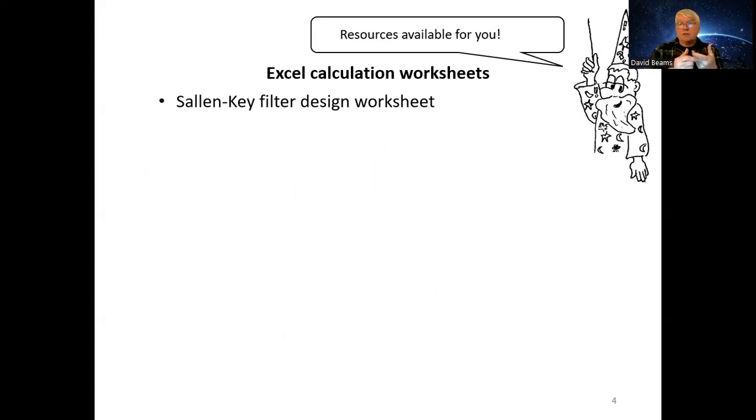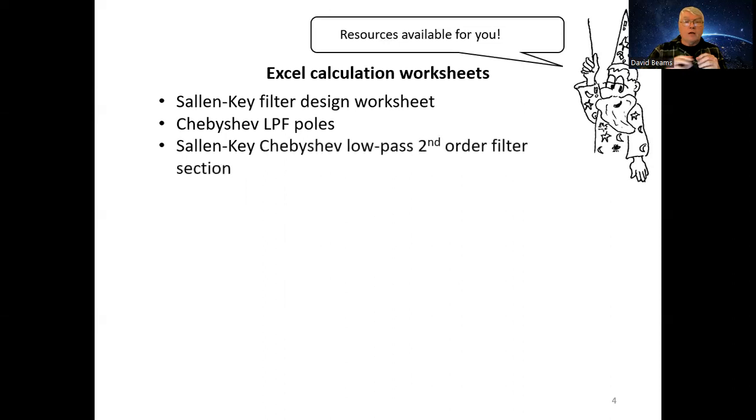The resources that are available to you: you have an Excel Sallen-Key filter design worksheet that has tabs for low pass design, high pass design, and band pass design. You can use this to design second order filter sections using this so-called Sallen-Key circuit topology. There's also a worksheet for calculating the poles of a Chebyshev low-pass filter, and a worksheet for designing second-order sections of Chebyshev filters.